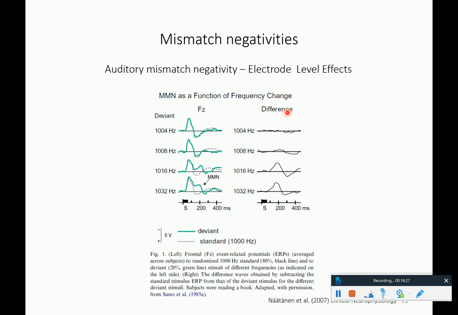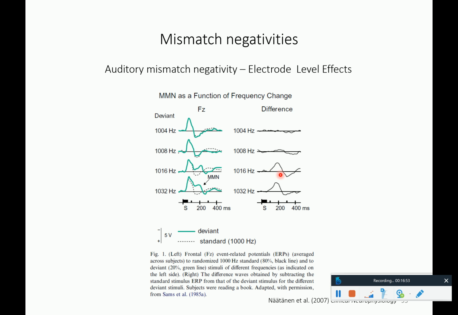And one can, of course, also compute the difference between the standard and the deviant trace for this electrode, and then for this very small deviation, one doesn't see much. But as the deviant stimulus gets stronger, one sees more of a negativity here, which is plotted upwards because we are EEG scientists.